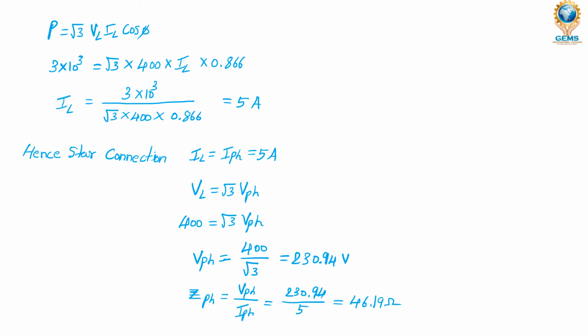Next we are going to calculate the phi value, the phase angle. What is the cos phi value? Cos phi is equal to 0.866. Here if we calculate, phi equals cos inverse of 0.866.